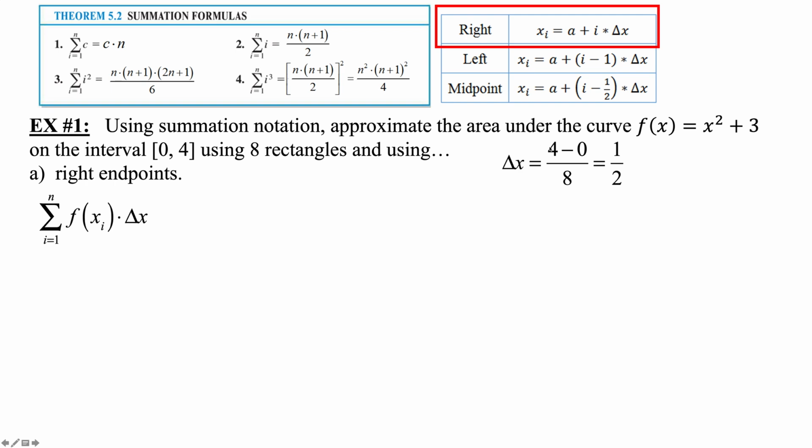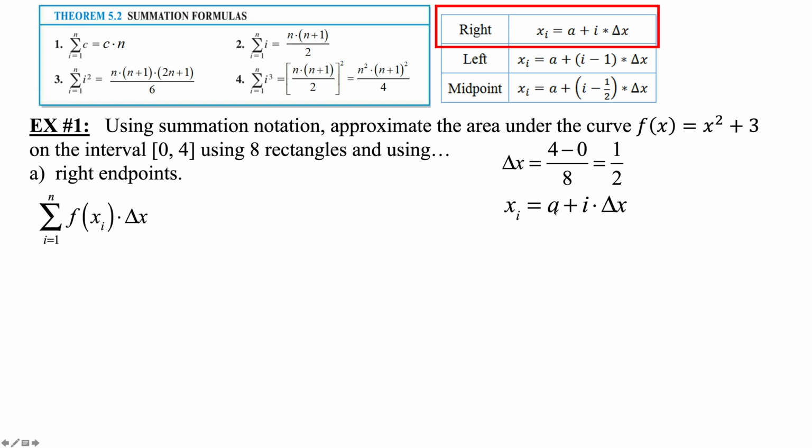We want 8, so 4 over 8 is 1/2. That's your change in x. This is always going to be 1/2 right here. Now, what's key is, what's this x sub i going to be? Well, x sub i will equal a, which in this case is 0, plus i times the change in x.